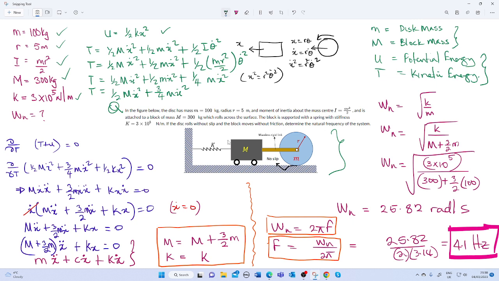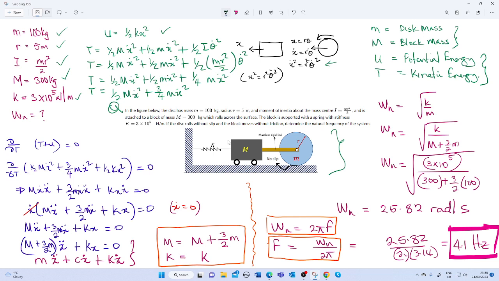And knowing fully well that as the disk is rolling, the equation of the dynamics of the rolling disk to the block is s equals r theta. So by differentiating it using calculus, it becomes s dot equals r theta dot. And by squaring both, that gives us s dot squared equals r squared theta dot squared.